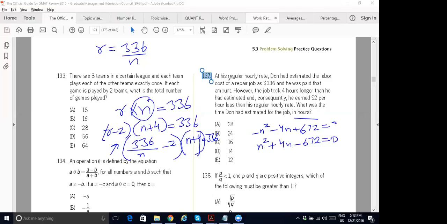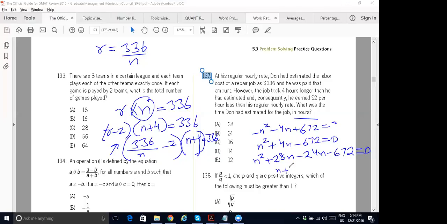672 is the product. It should be in the 20s. Yeah, because 24 is 6 times 4, 12 times 2, 168. It should be 28 and 24, because 4 into 8 ends in a 2.